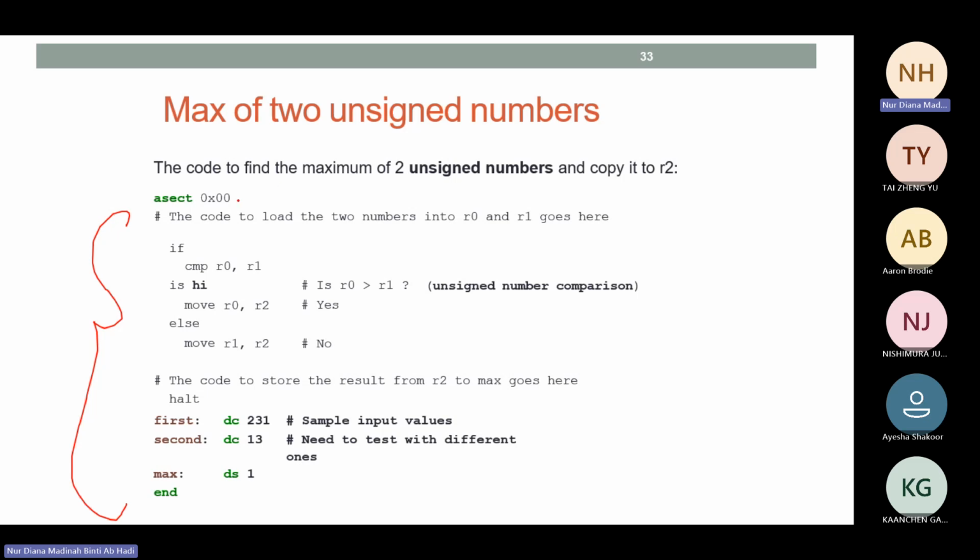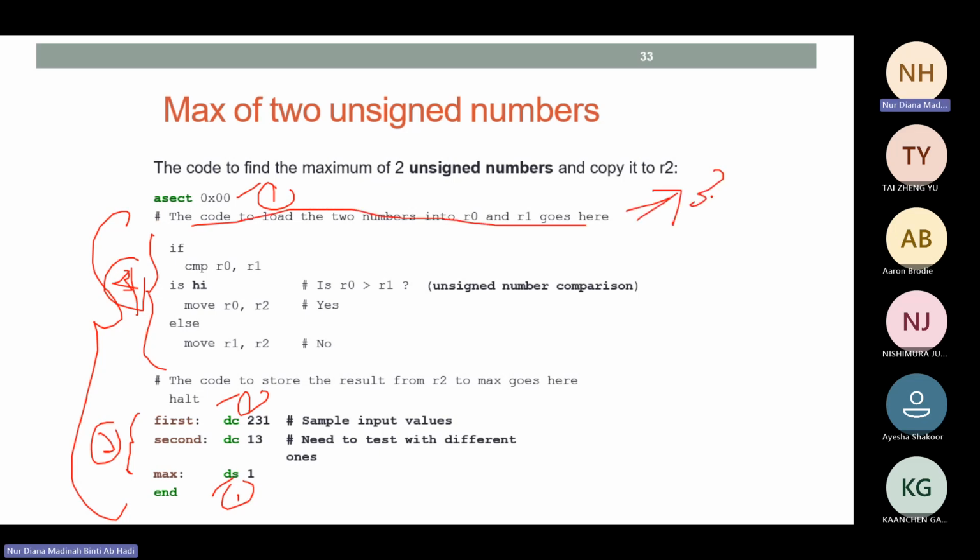As the first step, you need to put your exec and halt. Second step, you will do the declaration. The third step is the code to load your numbers, only then you are doing the comparison.